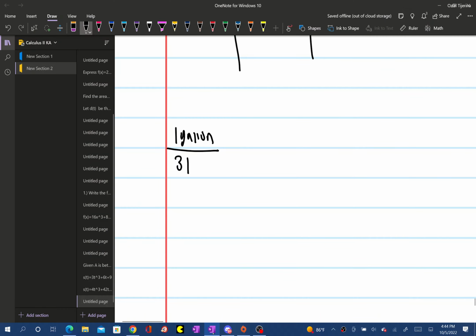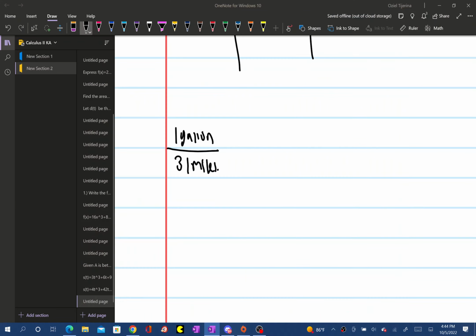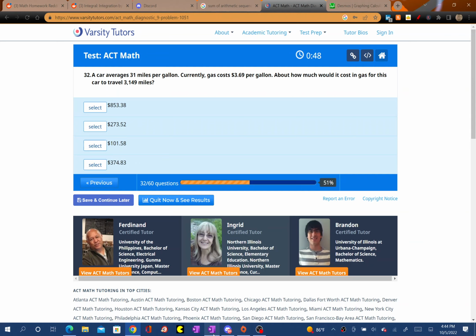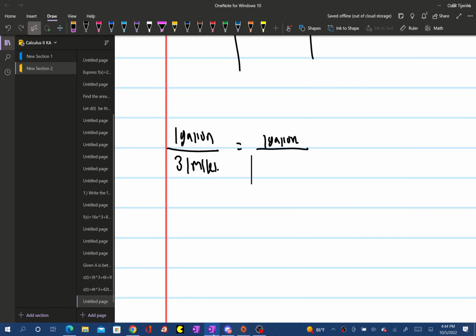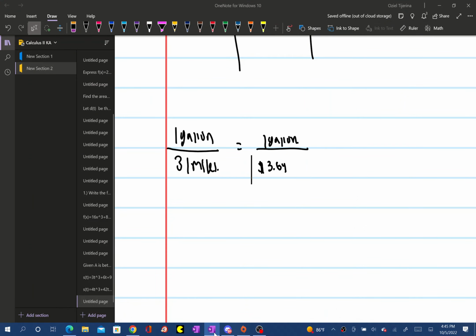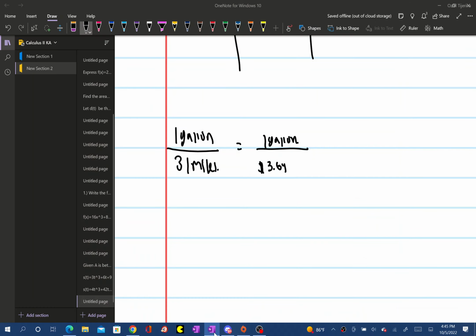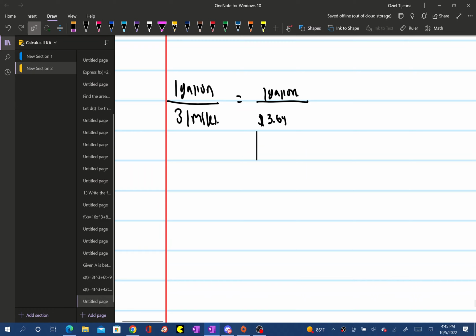And 1 gallon also costs $3.69, right? And then it says, how much would it cost in gas for the car to travel 3,149 miles? So 1 gallon equals 31 miles.